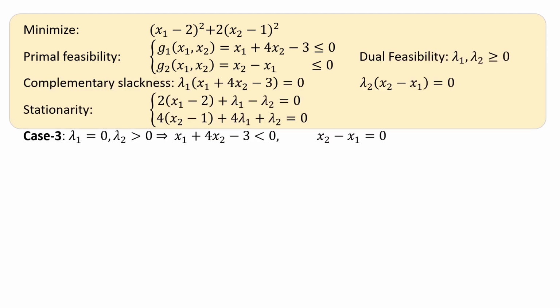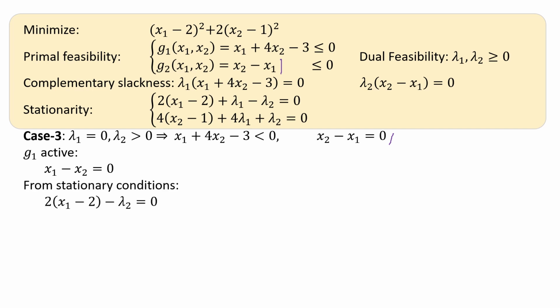Case 3 is when lambda 1 equals 0 and lambda 2 is greater than 0. So this is an active constraint. x2 minus x1 must be equal to 0. G2 is active, so x2 minus x1 equals 0, same thing. And from the stationary conditions, we get these equations, substituting lambda 1 with 0.